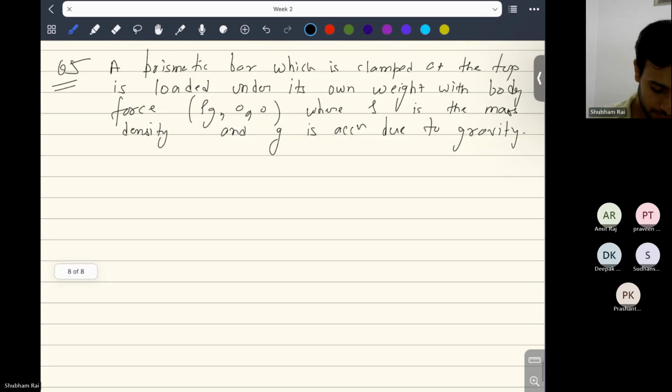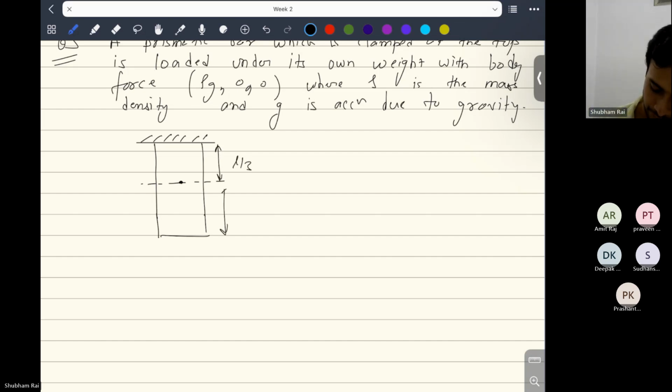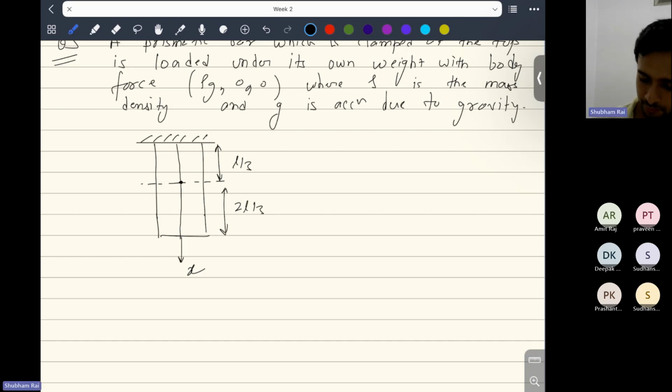Okay. So let's say you have this body here, and let's say you have this point P. So this is L by 3. This is 2L by 3. This is a very simple problem. So this is the x coordinate actually. This is positive x and this will be y.